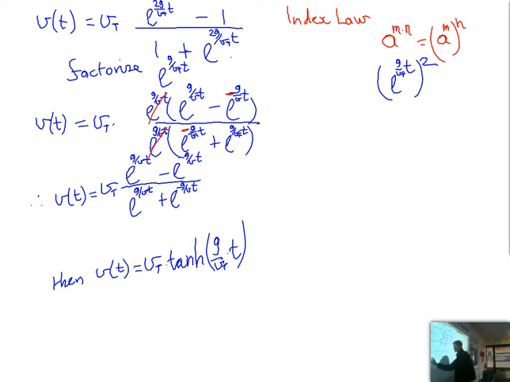So what we're going to do is check some dimensions. Let's check some dimensions, which means look at the units of measurement of what's happening inside our tangent hyperbolic function. So we've got g, which is acceleration due to gravity, on terminal velocity multiplied by time.